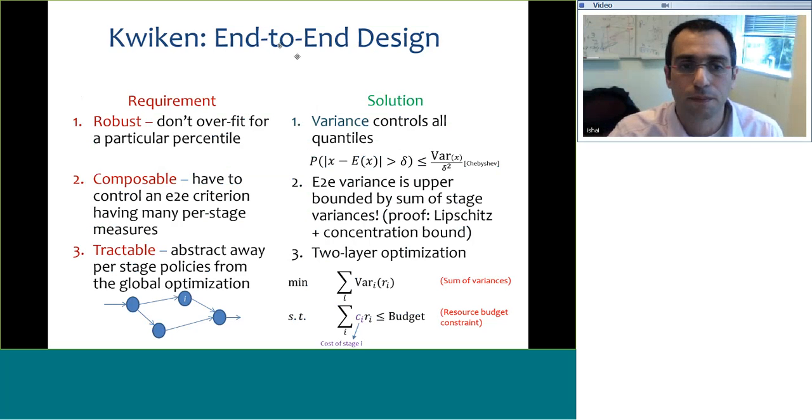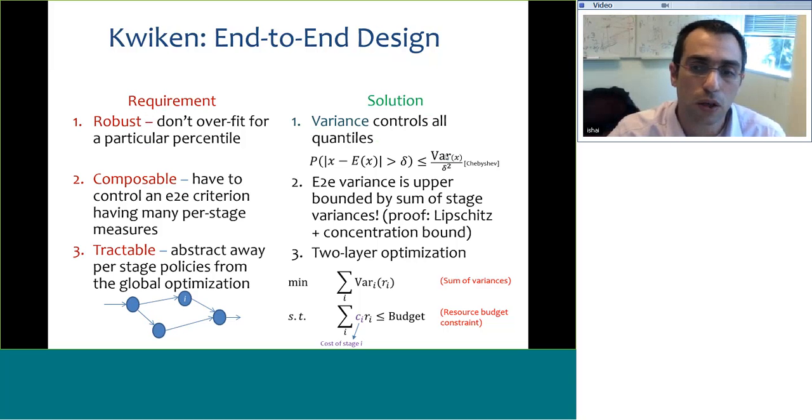end-to-end design. So we have this workflow. Let's have a cartoon of, let's say, 4 stages, and we have certain requirements from our design. First of all, we want it to be robust. We don't want to overfit or to care about a certain percentile. We want to care about all the percentiles. And here comes the picture: we decided to focus our optimization on the end-to-end latency variance.